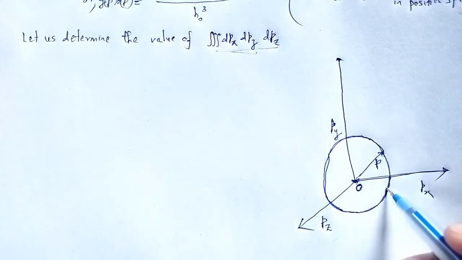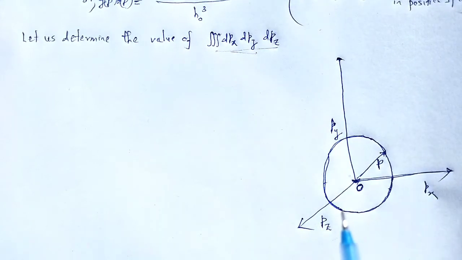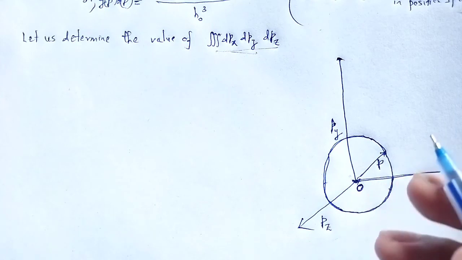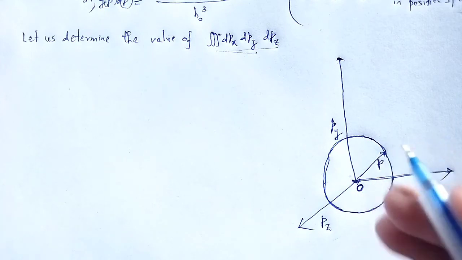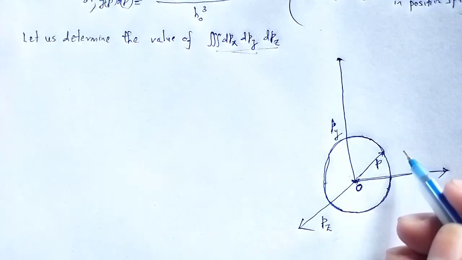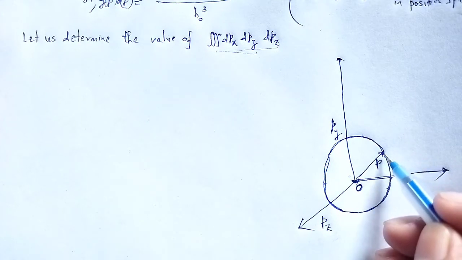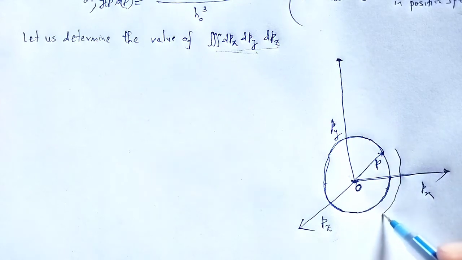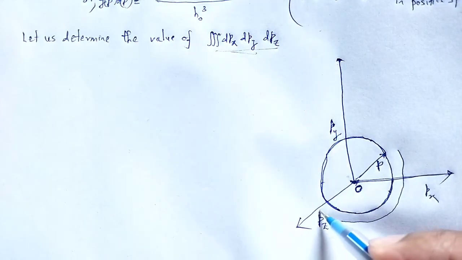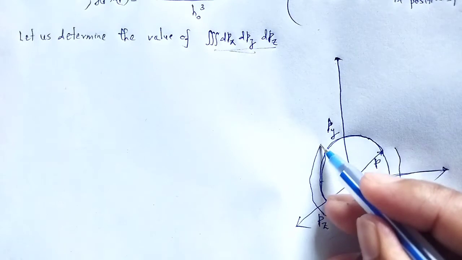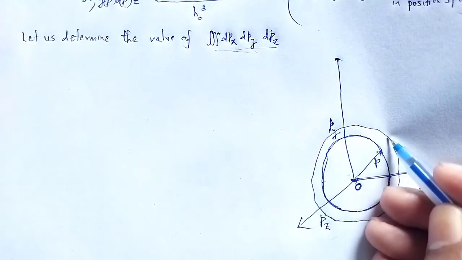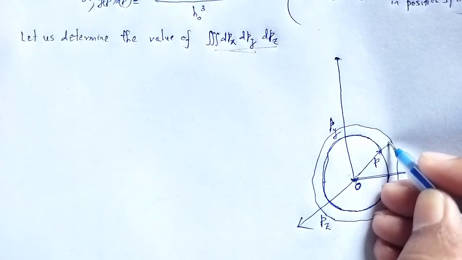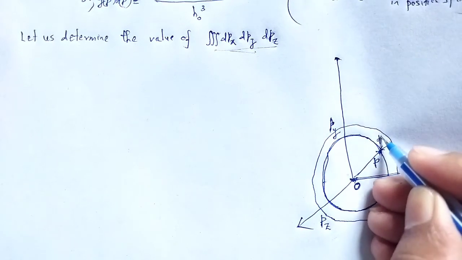Now we draw another concentric sphere, meaning the center is the same, with radius p plus dp. The sphere looks like this. This is the concentric sphere, and that distance will be dp.